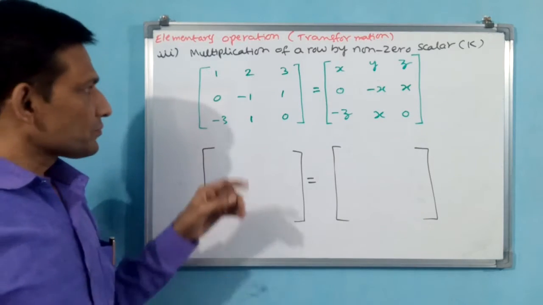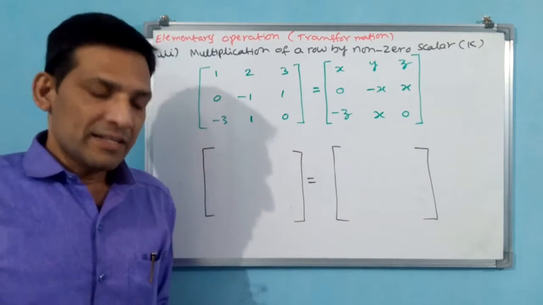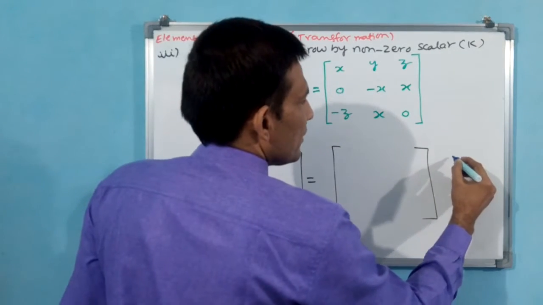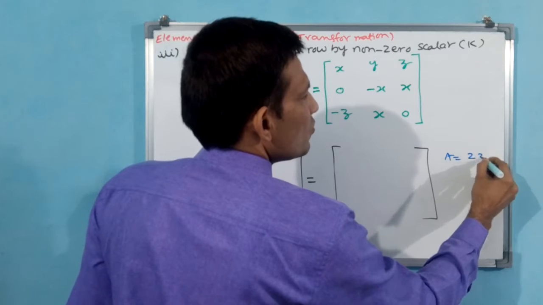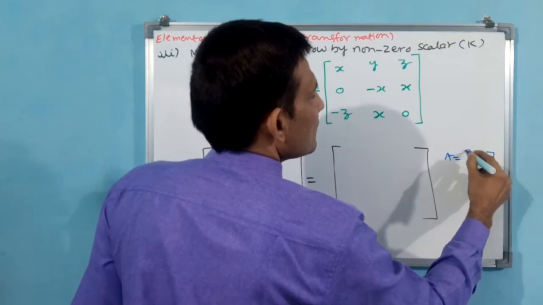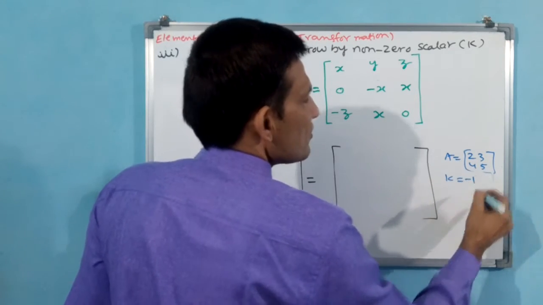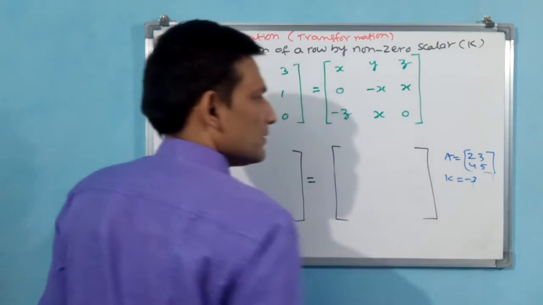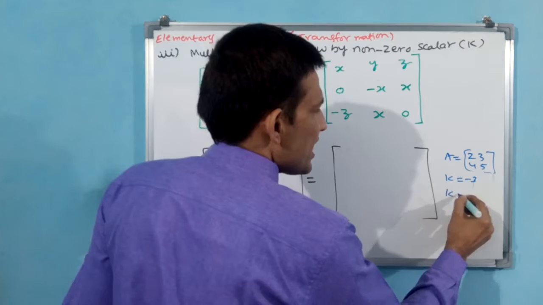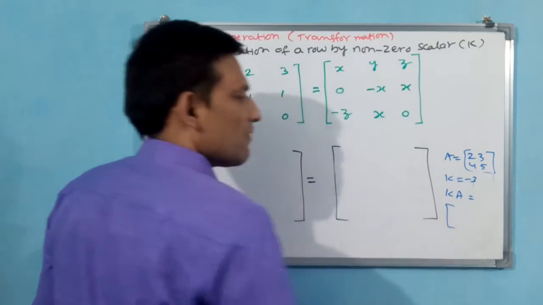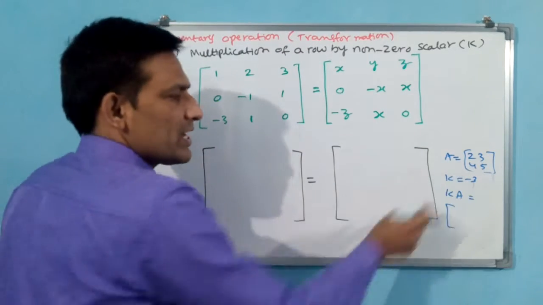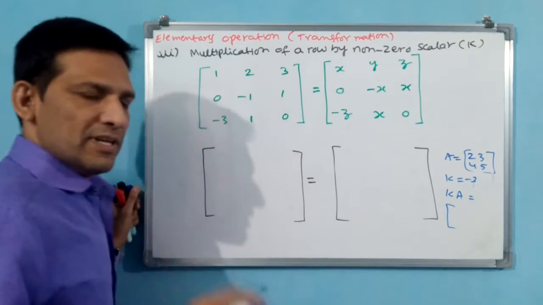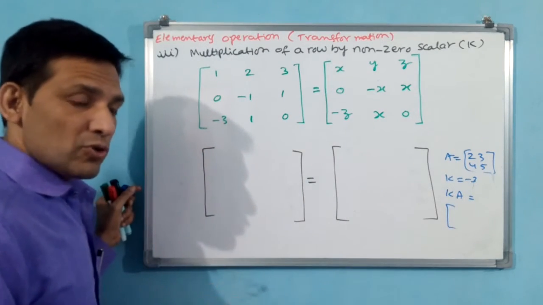Earlier we were seeing like this. Say A is equal to 2, 3, 4, 5, and k is equal to -1 or even -3. kA is what we were doing here also: k is a scalar we were multiplying. This is non-zero only, it may be negative or positive, but zero should not be there.